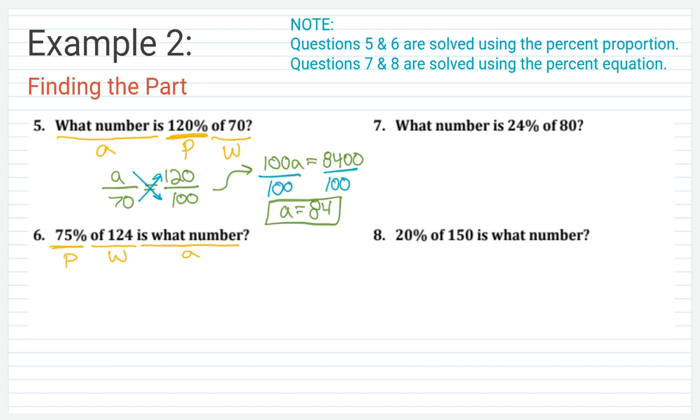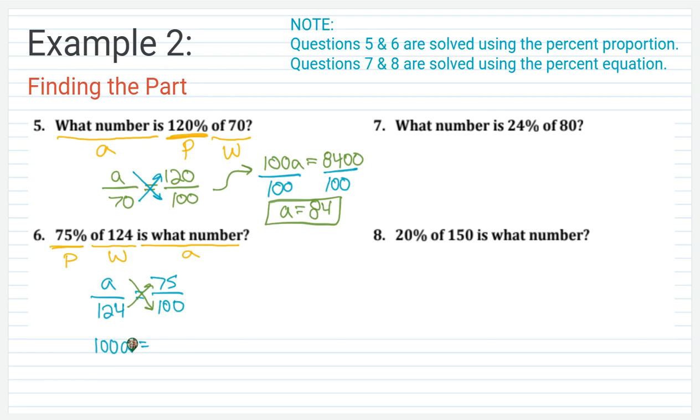When I set up my proportion, we're once again going to do A out of W. Again, we don't know what the part is, so that's why I'm writing it as a variable. It's out of 124, and then that equals the percent out of 100. Once you have your proportion set up, to solve this, we're going to do cross products. We're going to do A times 100, 124 times 75. 100 times A is just going to be 100A.